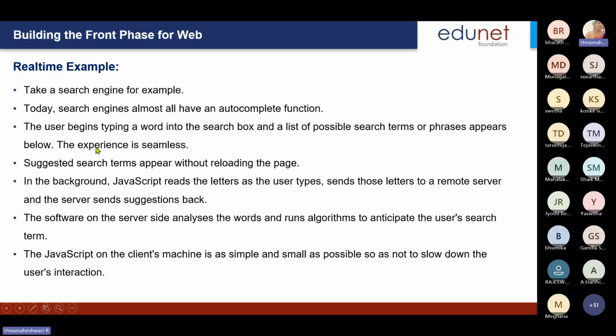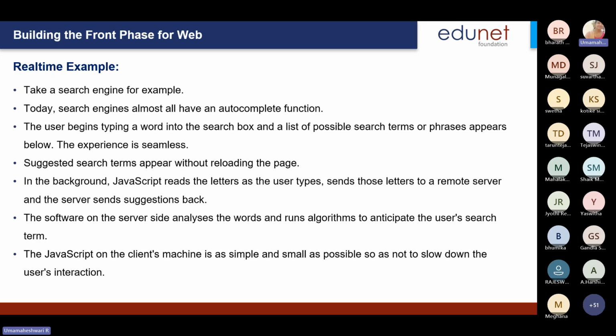The user begins typing a word into the search box and a list of possible search terms or phrases appears below, right? While I'm typing, it showcases a lot of phrases for the user's convenience, and the suggested search items appear without reloading the page. In the background, the JavaScript reads each letter as the user types and sends those letters to the remote server, and the server sends the suggestions back.